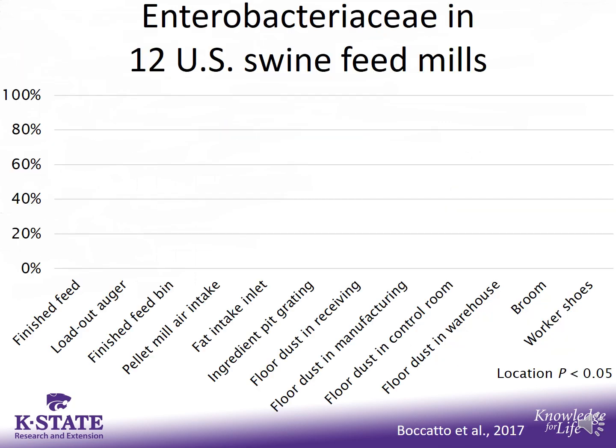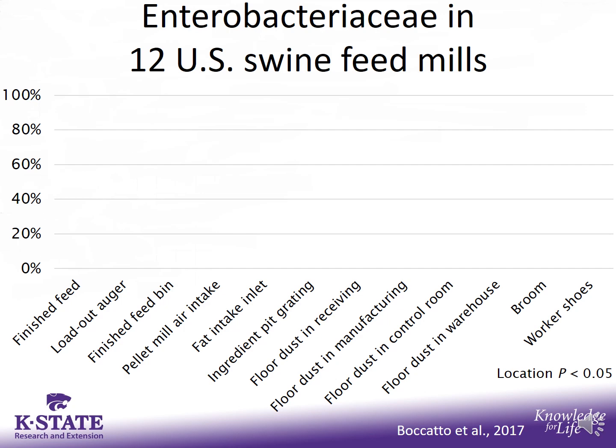To give an example of this, one of the things that we've been considering and working on over the past year is understanding how we can better understand breaches in biosecurity and opportunities for improving biosecurity in United States swine feed mills. In this case, we've been sampling 12 different swine feed mills in the United States, from North Carolina to Colorado and from Oklahoma to Minnesota.